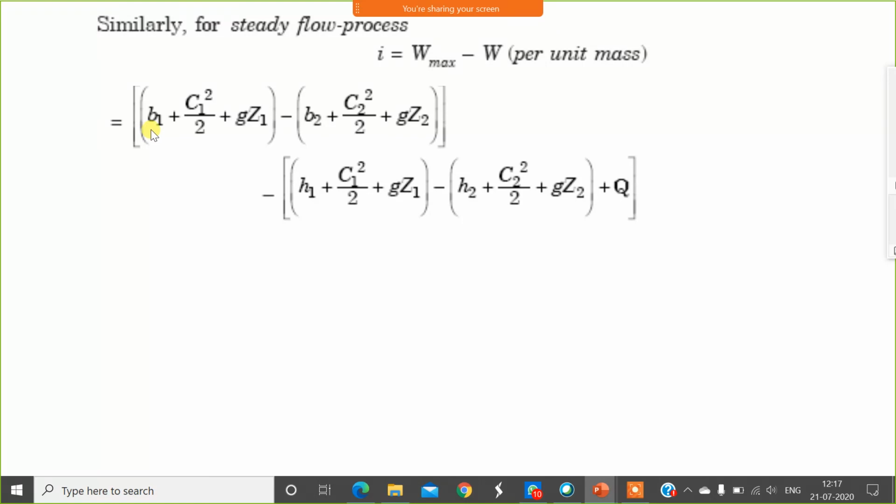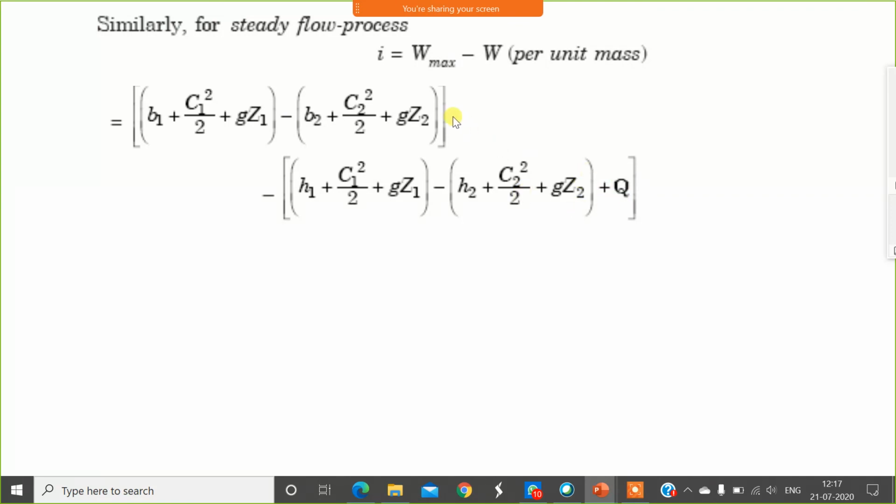B is the Keenan function, and B is equal to U1 plus PV minus T0 S. Maximum work is equal to B1 plus C1 square by 2 plus gZ1 minus B2 plus C2 square by 2 plus gZ2, and actual work is equal to H1 plus C1 square by 2 plus gZ1 minus H2 plus C2 square by 2 plus gZ2 plus Q.